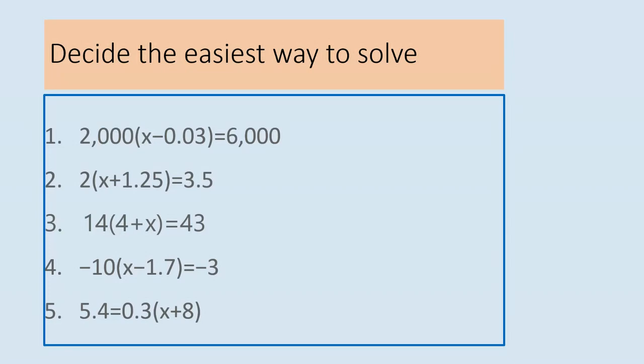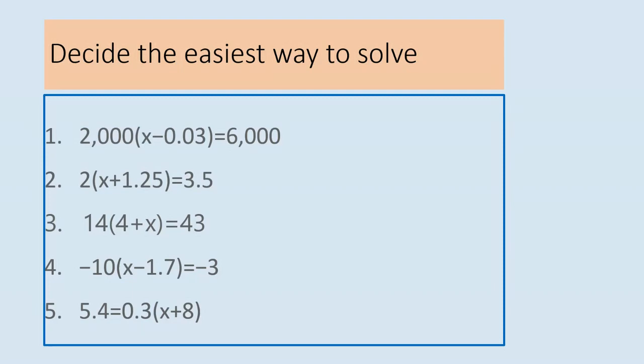All right, here we go. So decide the easiest way to solve. So number 1, you have 2,000 times x minus 0.300 equals 6,000. You have number 2, which is 2 times x plus 1.2500 equals 3.5. Number 3, you have 14 times 4 plus x equals 43.